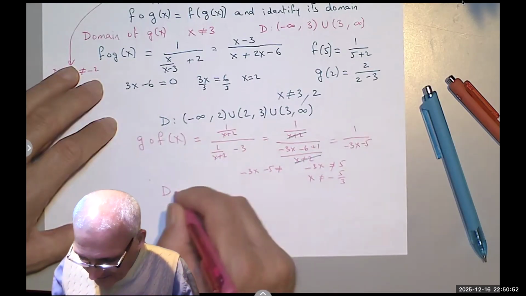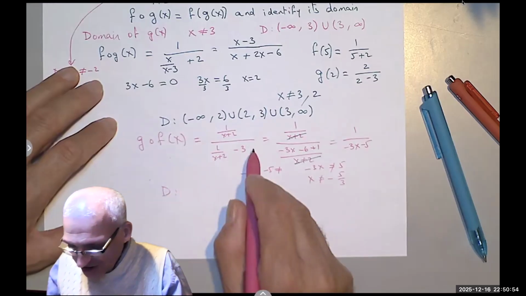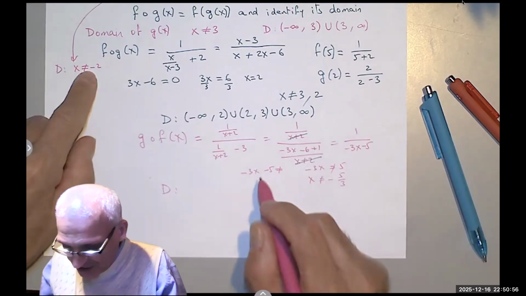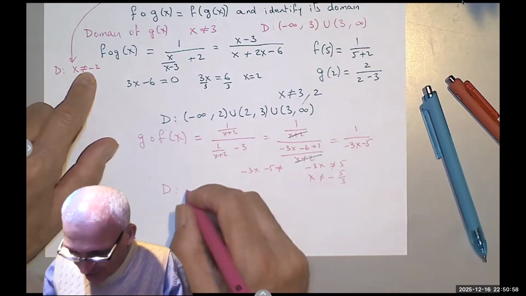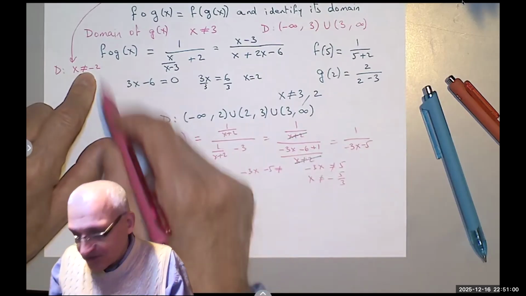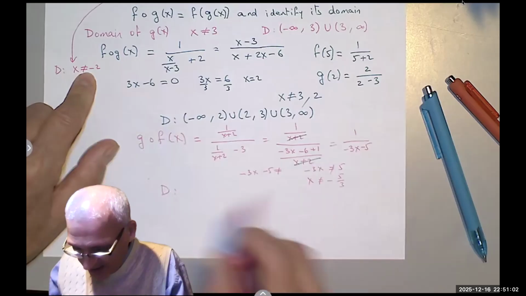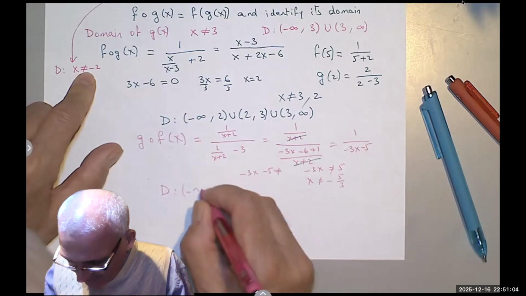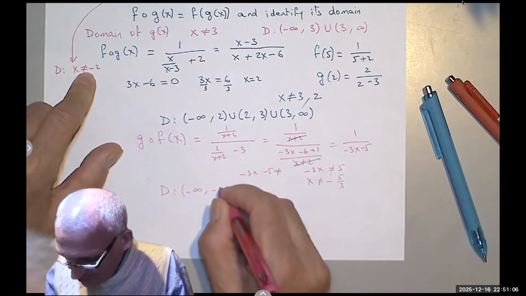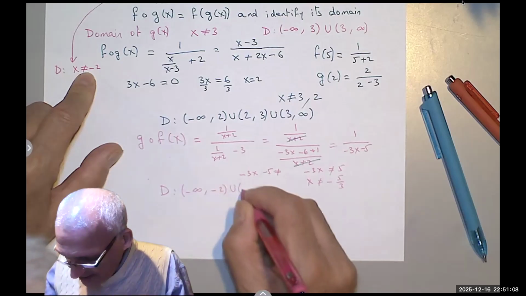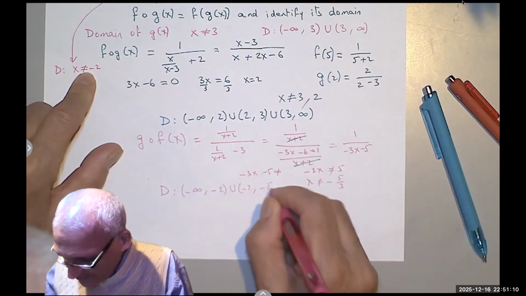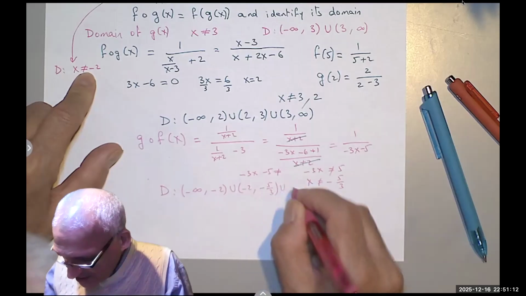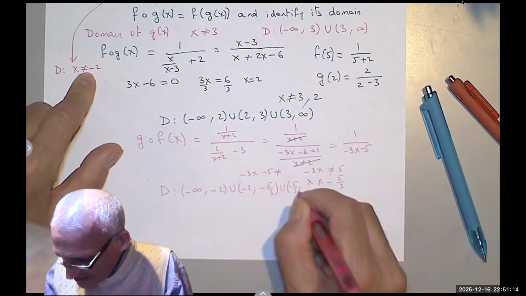So the domain of the composite function is not only negative 2. Notice negative 2 is negative 6/3, so you reach it before that. So you get negative infinity up to negative 2, union negative 2 to negative 5/3, union negative 5/3 to infinity.